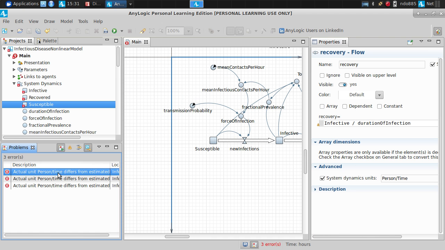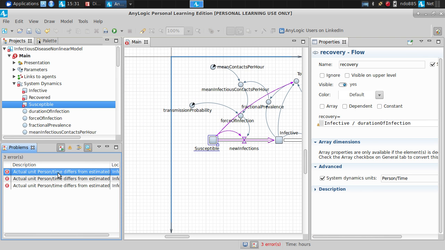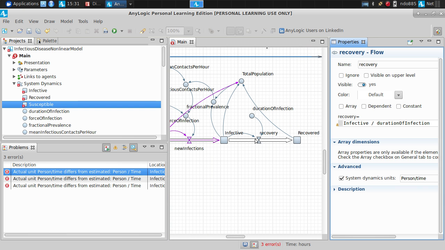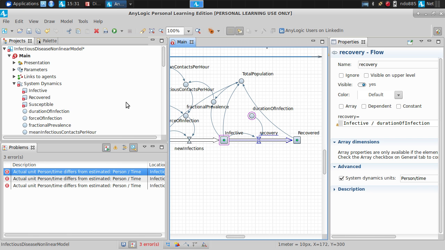So here, ladies and gentlemen, it's saying, for example, actual unit here, person per unit time, differs from person per time. So it looks like it wants us, and that's a pain, to specify it as lowercase time. Okay.